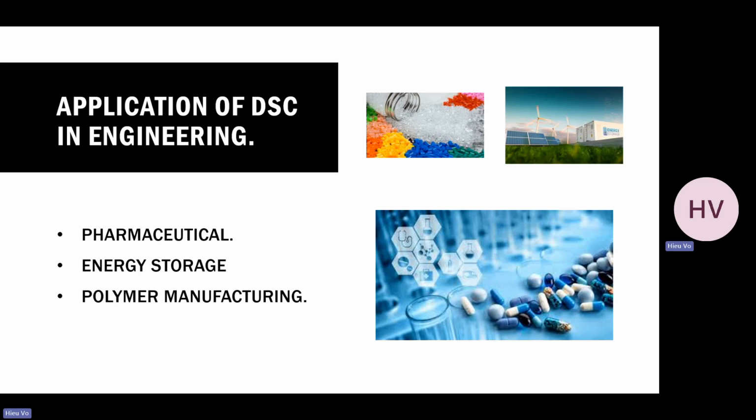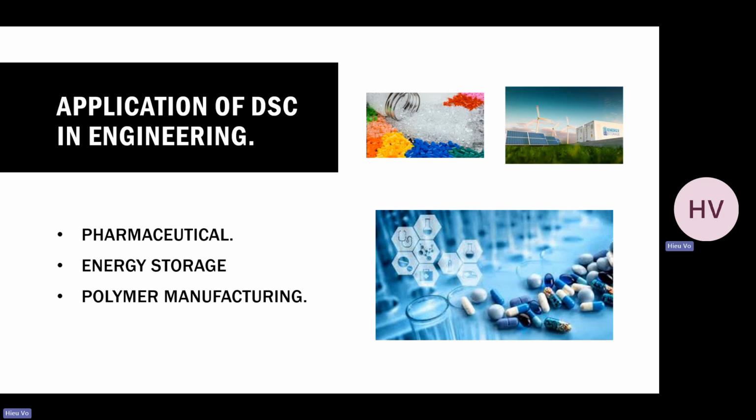In general, it's really hard to compare DSC and TGA because DSC is primarily used to detect and characterize phase transitions such as melting, crystallization, and glass transition. But TGA measures the mass loss of a material as a function of temperature or time.